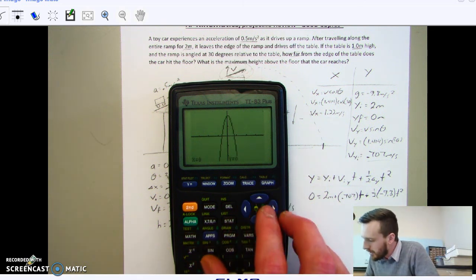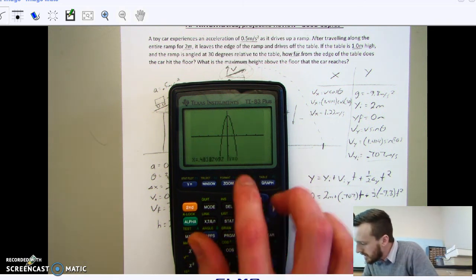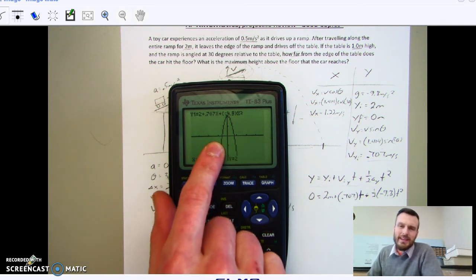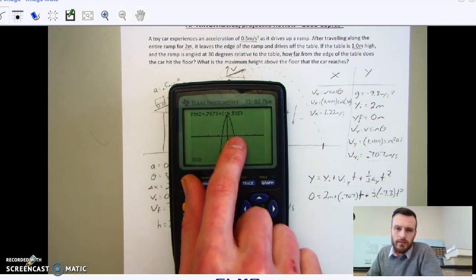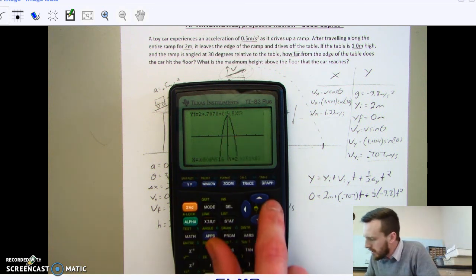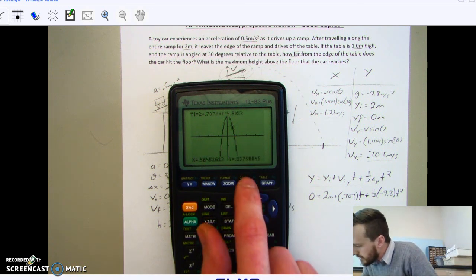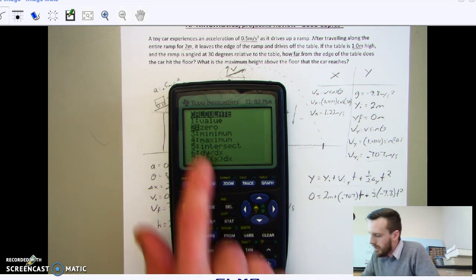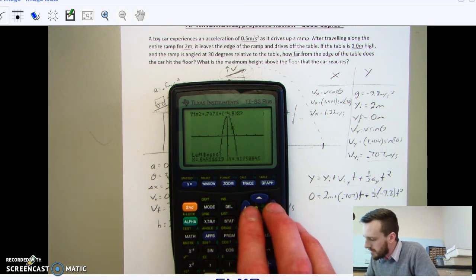There we go. We're looking for where it crosses right here. Obviously you can't get a negative solution for time. So wherever this equals 0 is where our time is going to be. So you hit the trace button, you go left and right, and then you can say second calc, see the little yellow up there, and we want to calculate to find where the 0 is of this function.